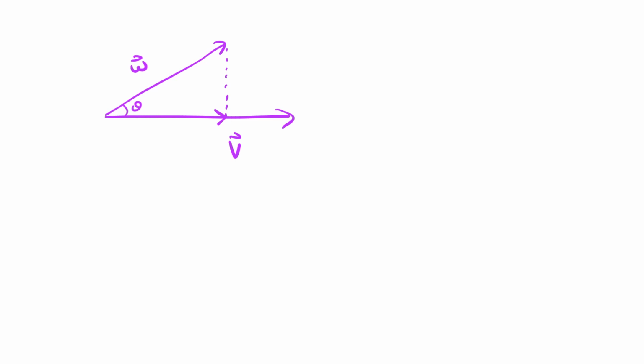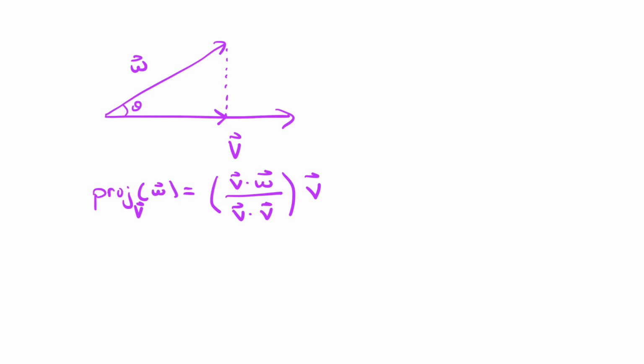The projection onto our vector V of our vector W is V dot W divided by V dotted with itself, times our vector V. And in this case, what we want is the projection in the direction of our plane of our gravity vector.